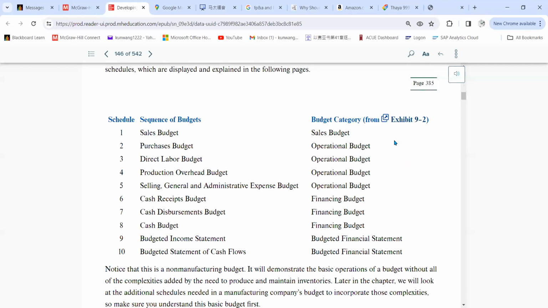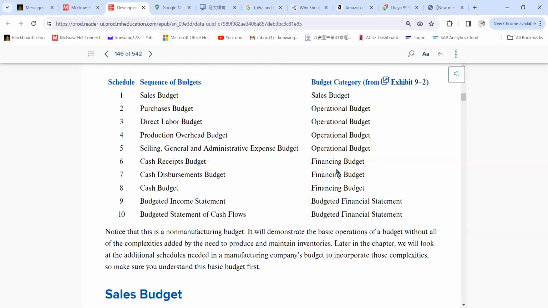We'll have the sales budget at the starting point, and then the operational budget, like the direct cost expenses, activities to support the sales. And then we have the financial plans, like how these operational budgets will bring cash flow into the business, and how we are going to pay out of pocket for the expenses and the cost.